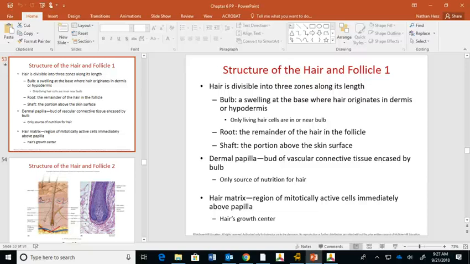Then you have the root, which is the rest of the hair that's still below the skin surface in the follicle. And then you have the actual shaft, the portion of your hair that is outside the surface. And again, that varies greatly from person to person. The shafts of my hair are about that long. The shafts of some of your hairs are about this long. You with me? Okay, significant difference there.